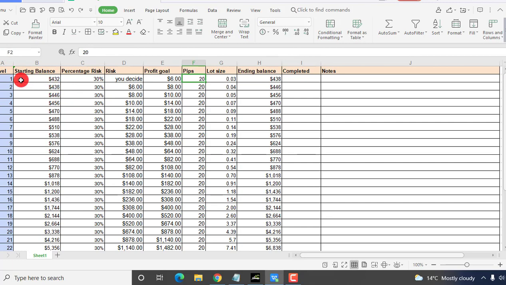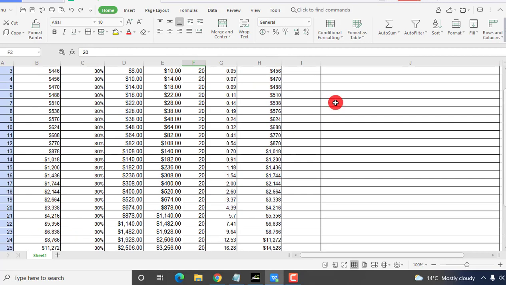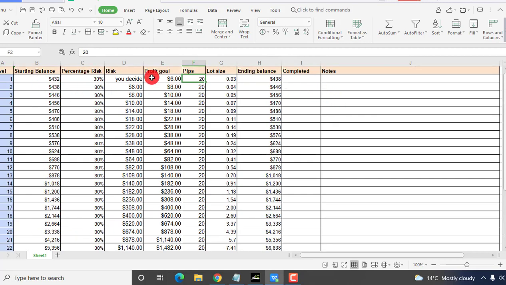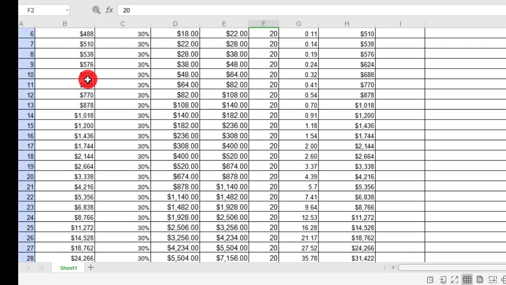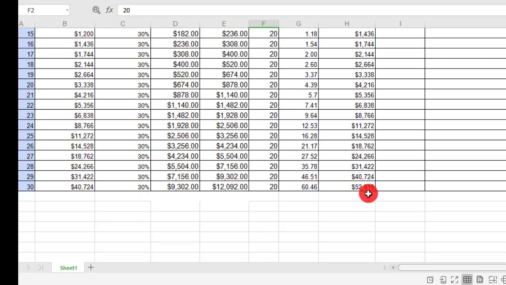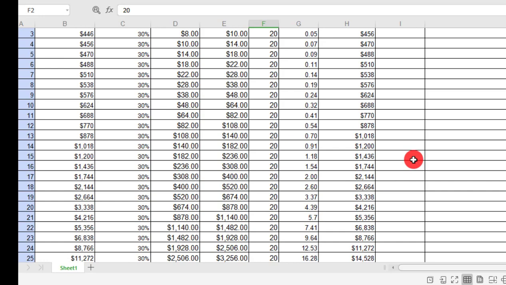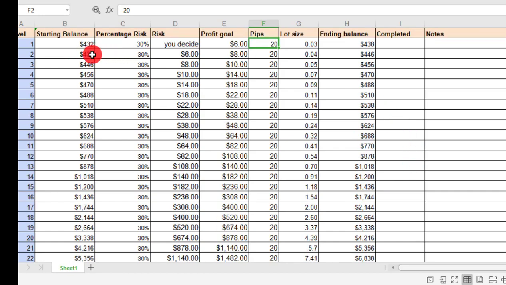Depending on your starting balance, you put your start balance over here, and then in 30 trades you're gonna turn your initial, let's say if it was $20 or pounds or euros, you're gonna get it all the way to, let's say, 52,000, again dollar, euro, whatever. But in my case, because it's just paper money or demo, I just go with 432.